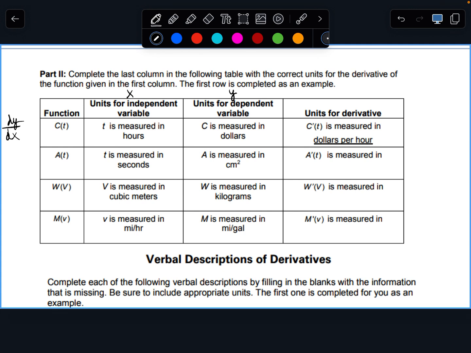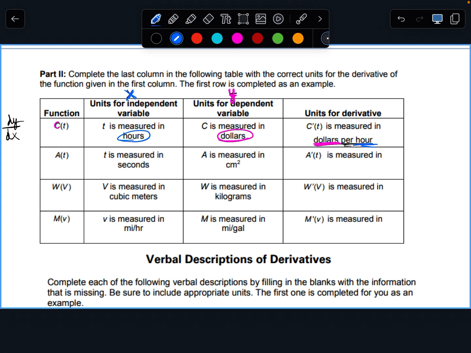So maybe I'll do the colors here. If this is your y, and you're taking the derivative of it, you're going to take dollars. And then because it's a derivative, you're going to do per. And then you're just going to take your unit for your x, which is hours. So the derivative would be dollars per hour because you're just basically doing slope.